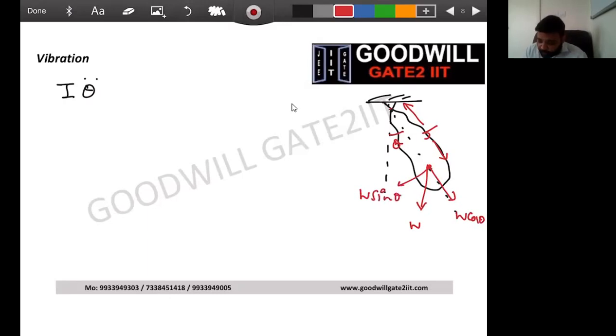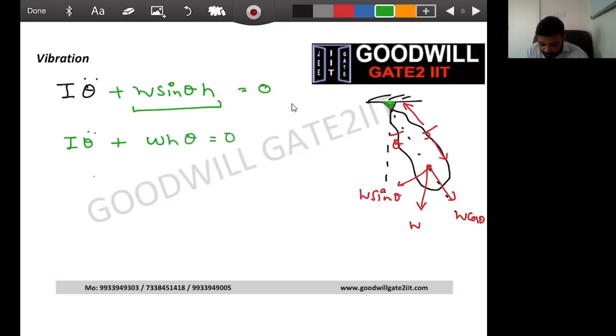W cos theta is not going to create any moment about the hinge point. W sin theta, which is bringing my system back, will create a moment multiplied by H with a plus sign, equals 0. So this is the restoring moment, which is bringing my system back. If I consider sin theta as small, this becomes WH theta equals 0, and your natural frequency formula becomes W into H divided by I, under root.